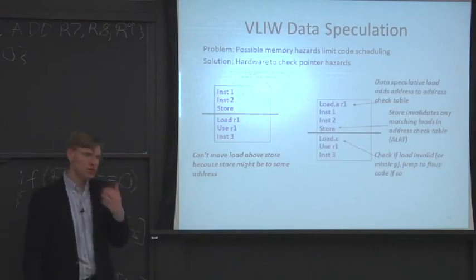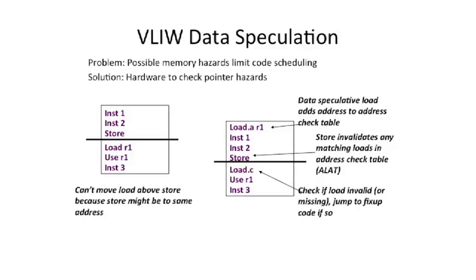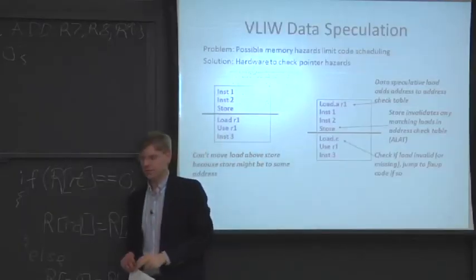OK, so how do we do this? Well, this is something else that Itanium added and was also talked about in previous research VLIW processors, or explicitly parallel instruction set processors. What you're going to do here is move the load up above the store.